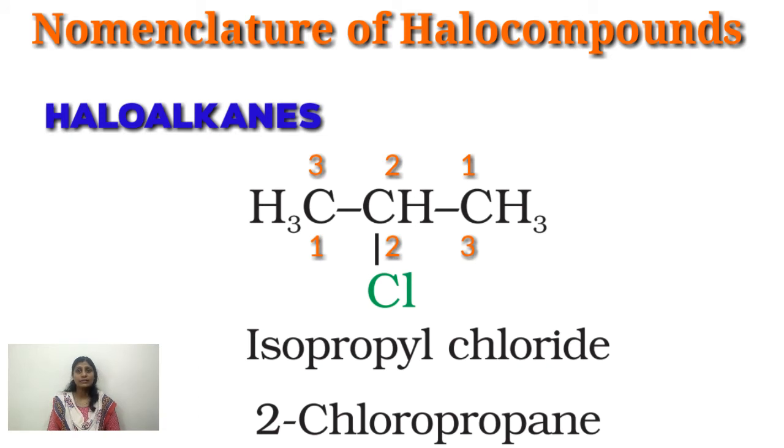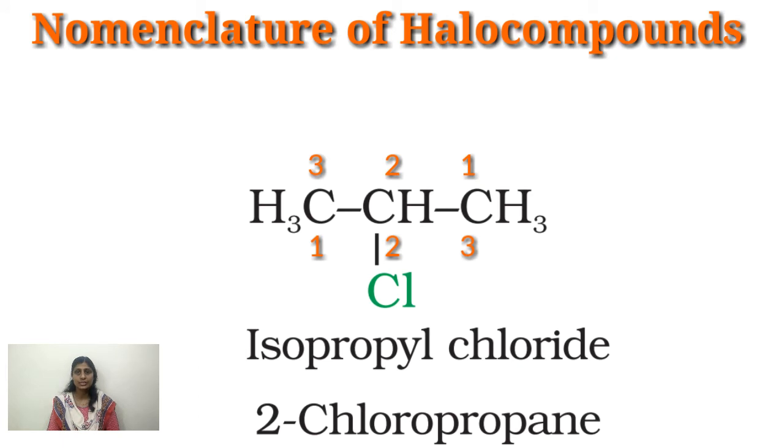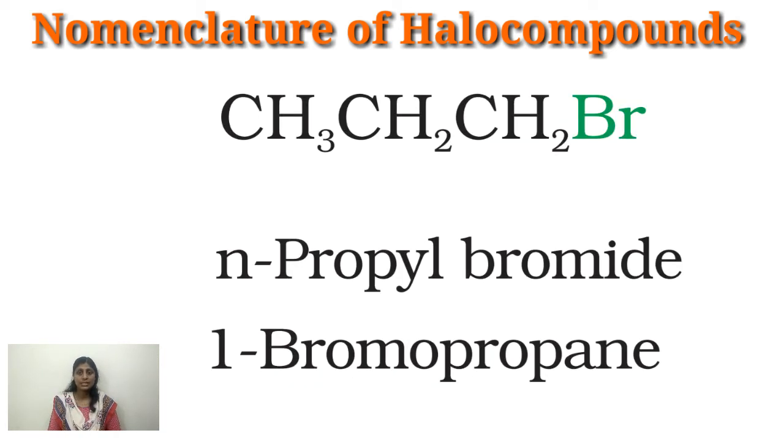Actually we have to give the least number for the carbon atom which is attached to the functional group, that is the alpha carbon atom. And one more thing we have to consider is that we can start numbering from either the right side or the left side. For the first example, CH3CH2CH2Br, you have two choices for numbering: first one starting from the left, second one starting from the right.